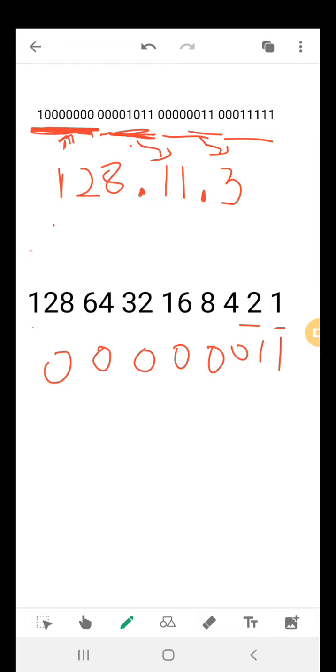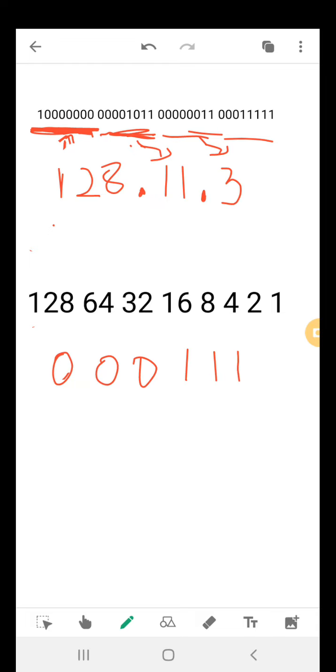And for the last octet, let us write it here. It is 00011111. Now wherever you have 1, you need to take its multiple value and add it. That is 16 plus 8 plus 4 plus 2 plus 1.